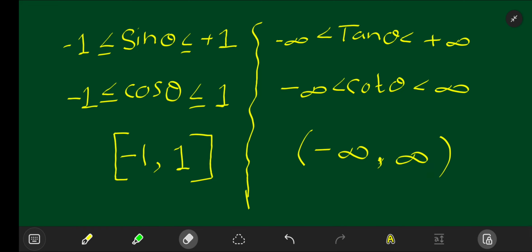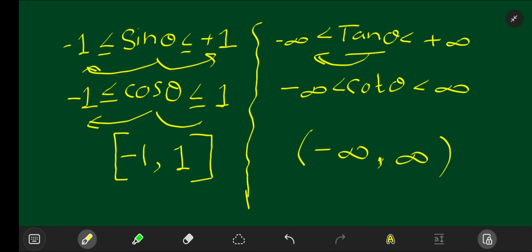This is the range. You have to remember this one. Sin theta ranges from minus 1 to plus 1, and cos theta ranges from minus 1 to plus 1. Tan theta ranges from minus infinity to plus infinity. Cot theta ranges from minus infinity to plus infinity.